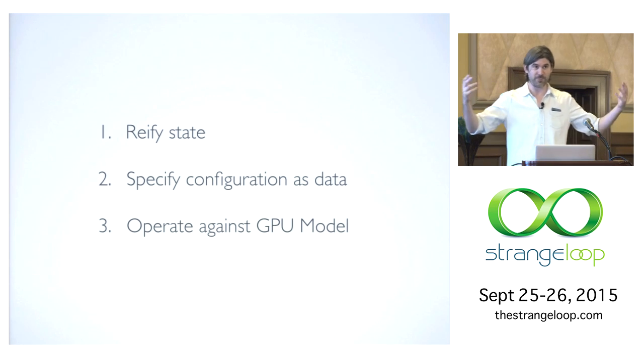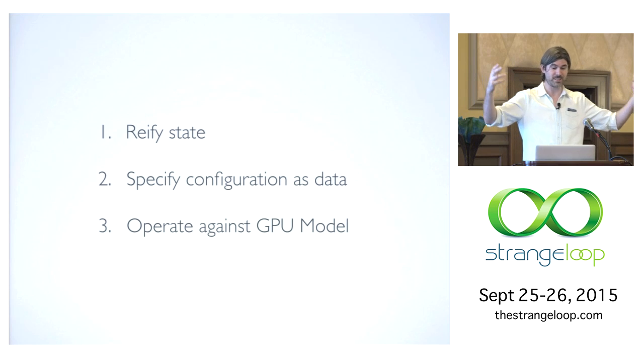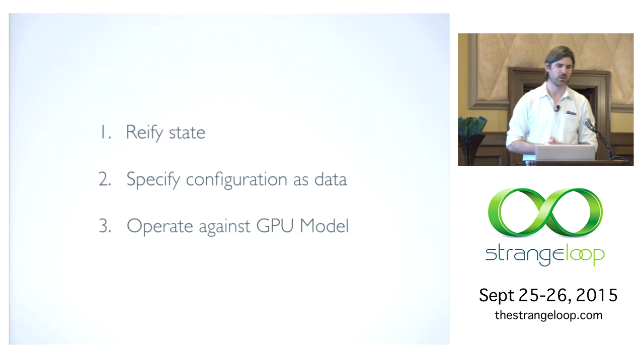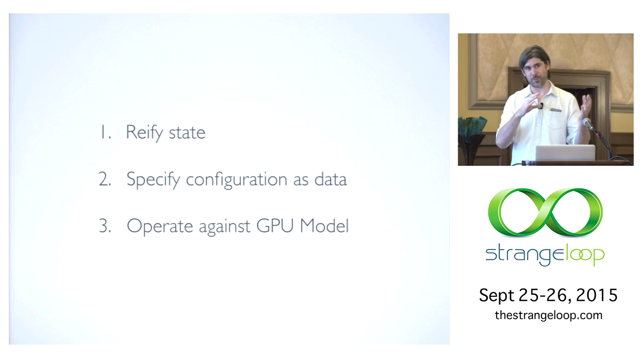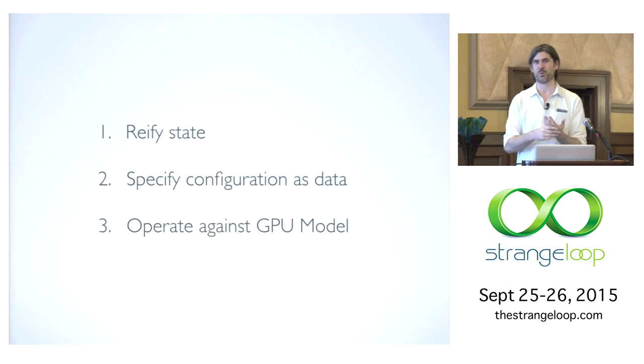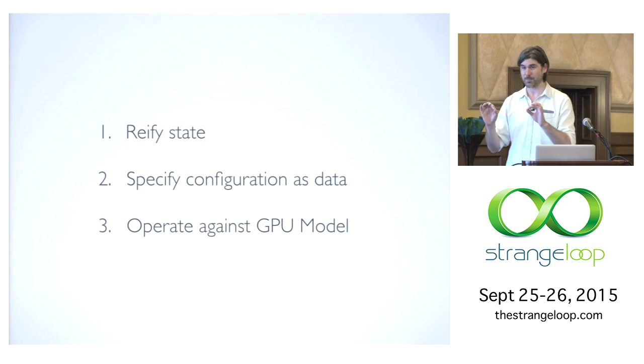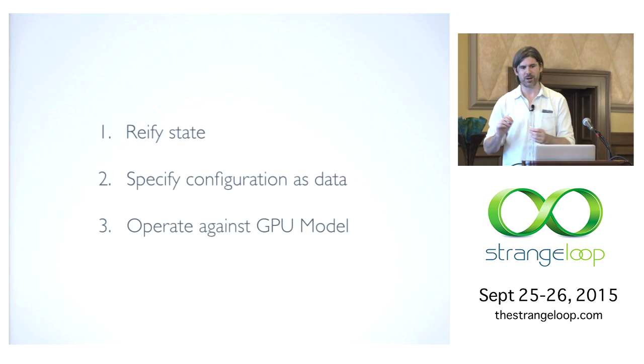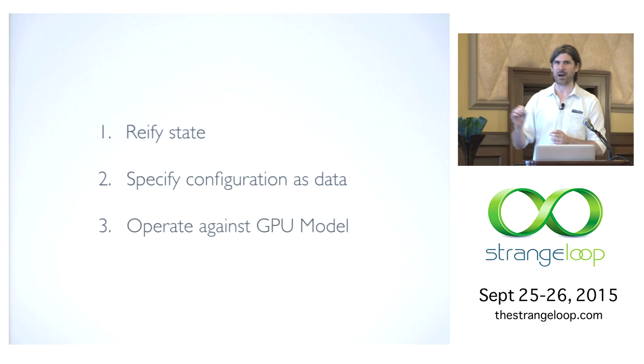We're going to reify all this global implicit state into a package that we can explicitly pass around. We're going to specify the configuration aspect of that state, which is sort of the wiring or the plumbing of how the objects relate to each other. That's going to be immutable data, and that's going to be kind of the core of how this all works. And finally, we're going to need to operate against a model of GPU state.